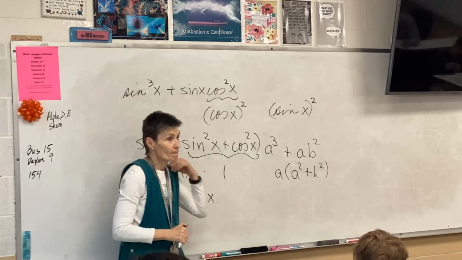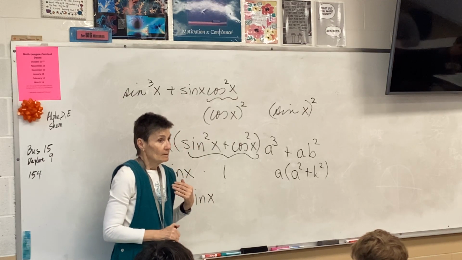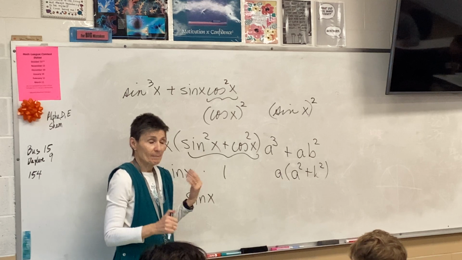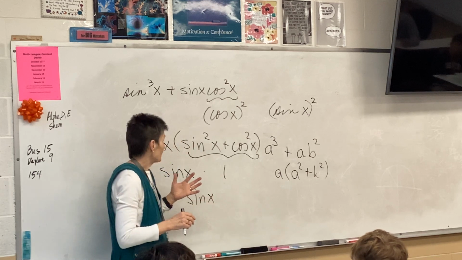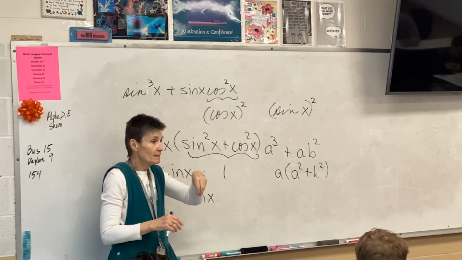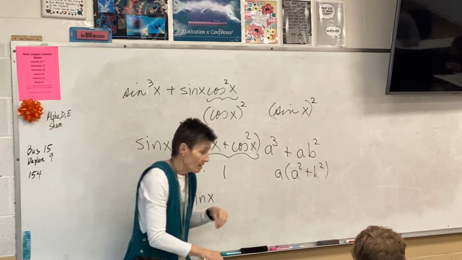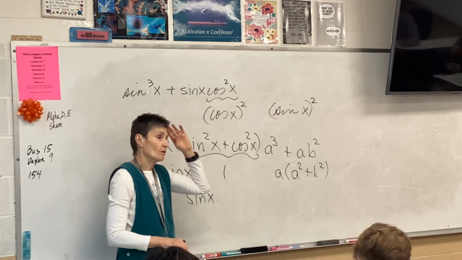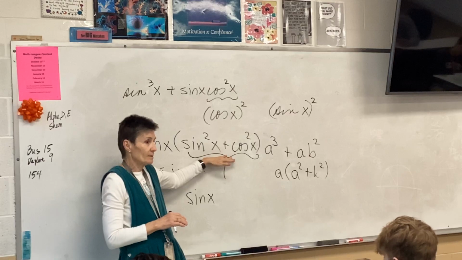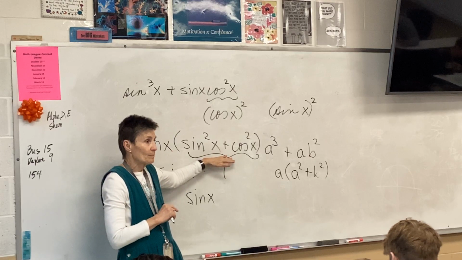What was that word you just said? Trigonometric. I mean, I don't know what I said. It just sounded big. Sine squared plus cosine squared is the fundamental trigonometric identity. All the things on your colored sheet are called identities. They're like facts. This is the main one. This is a biggie that we use all the time.